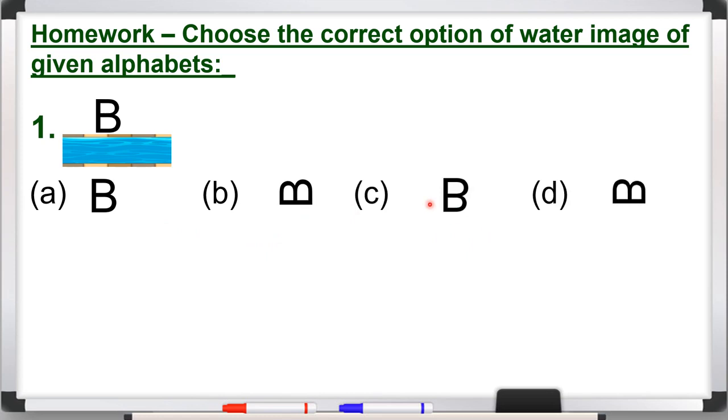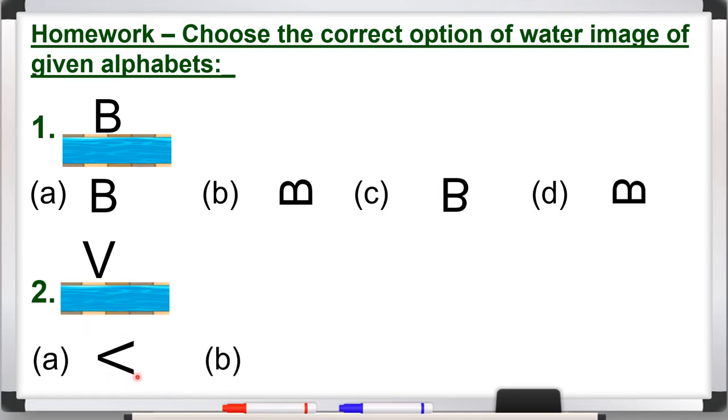So now what you have to do, you have to see B in the water, and choose the correct option of water image of B. Now question number 2, this is B, and this is water. Now options are like this, B like this, in C like this, and in D like this. Whatever the option is correct, you have to choose that option.